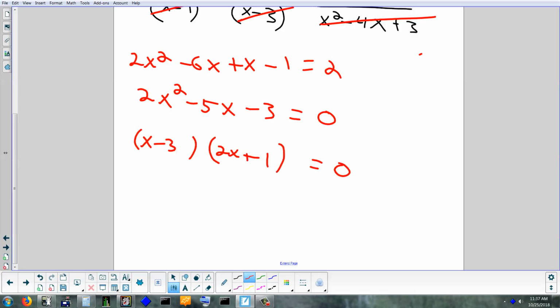So we get 2x squared, that's good, plus x minus 6x. Well, plus 1 minus 6 is minus 5, and negative 3 times 1 gives me negative 3. Perfect. So what value of x would make the first factor 0? 3. What value of x would make the second factor 0?